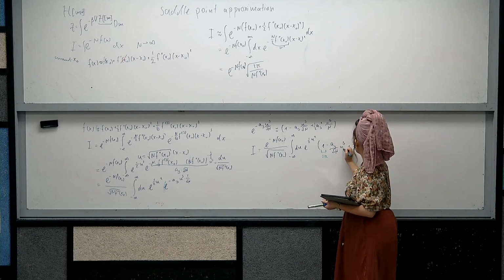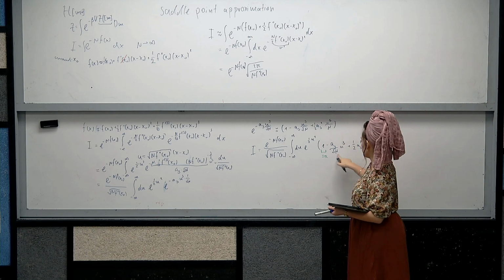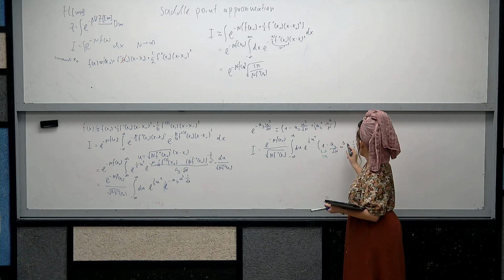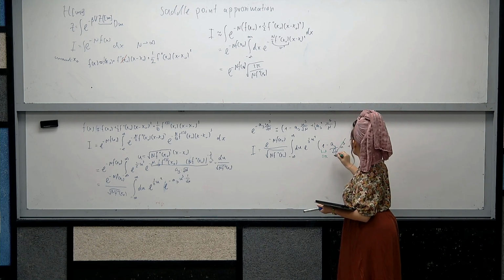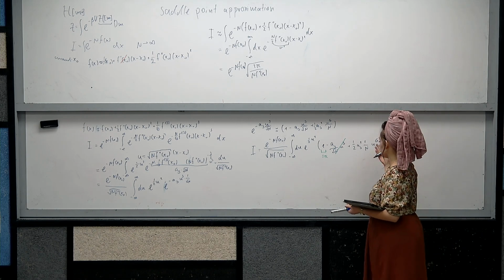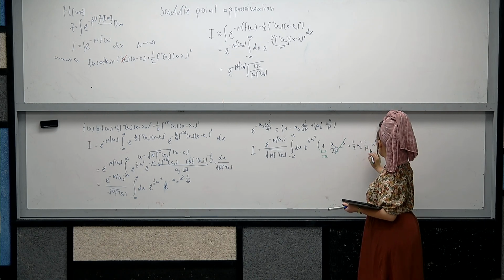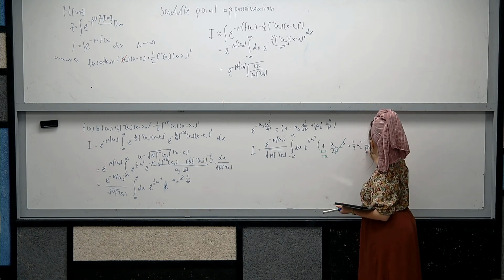Now this one, we have u to the power of 3, so it becomes an odd function, so it gives 0. And this one again gives some constant, but with a factor of 1 over n.